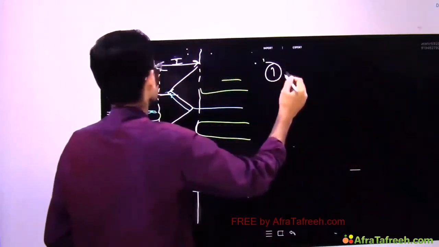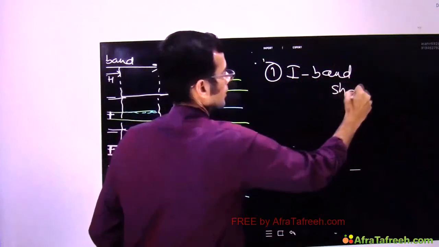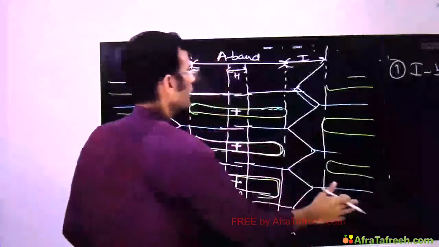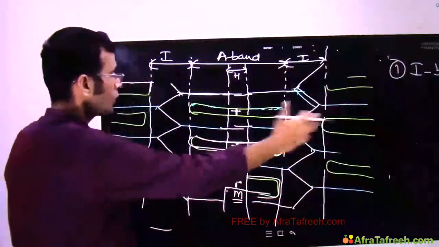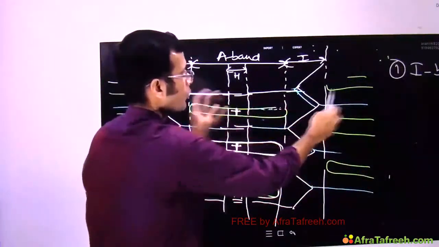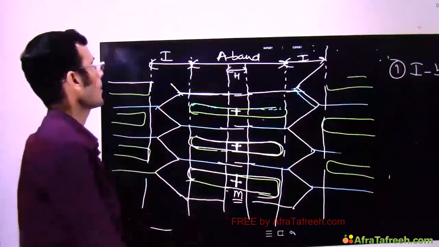First change, the I band shortens, because as you can see, with the shortening of the sarcomeres, the ends of the thick filaments will come closer to the Z lines, and the I band will shorten.